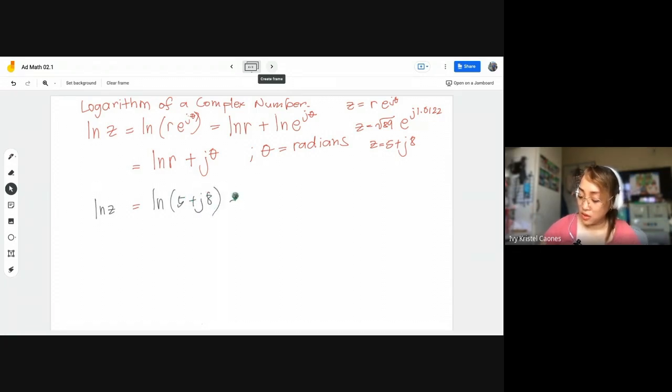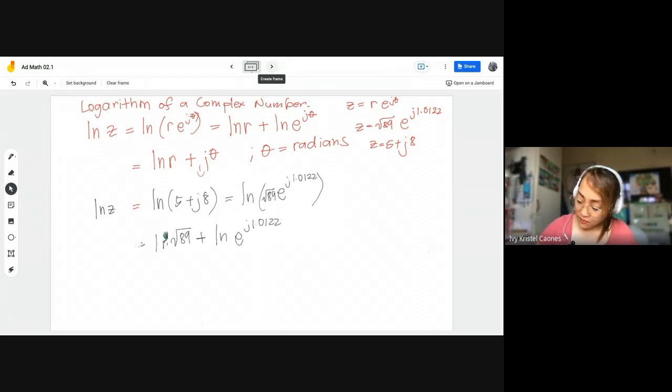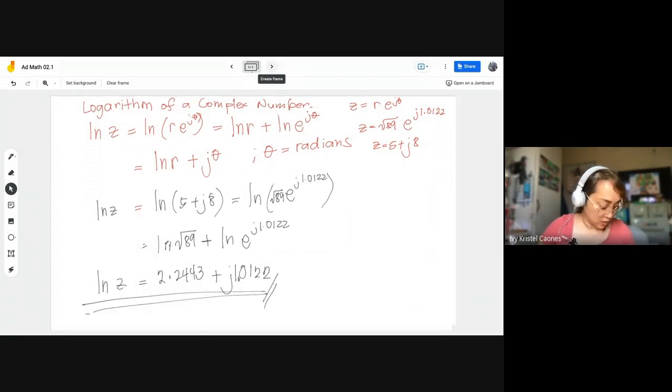It will also be ln of square root of 89 e to the j 1.0122, getting the exponential form. That means it will be ln square root of 89 plus ln e to the j 1.0122, and that is 2.2443 plus j 1.0122.